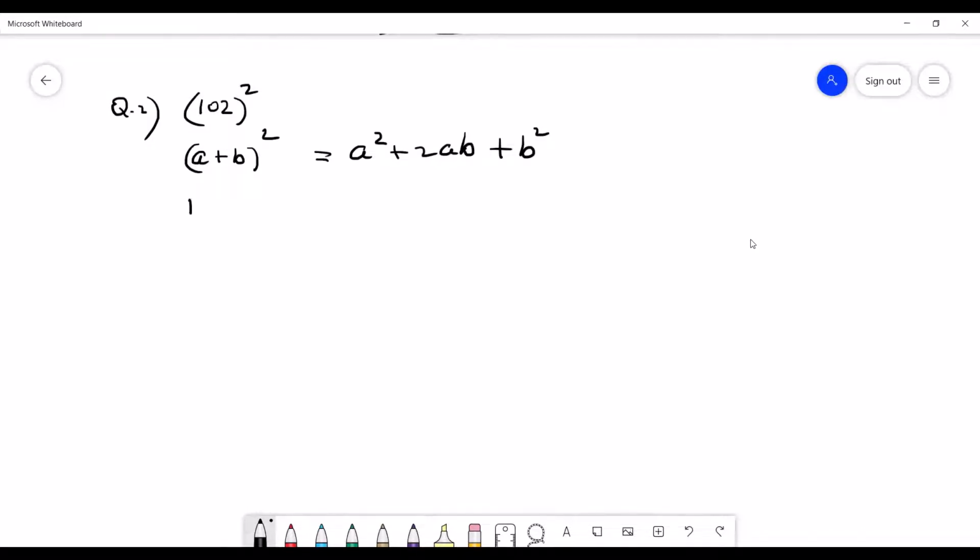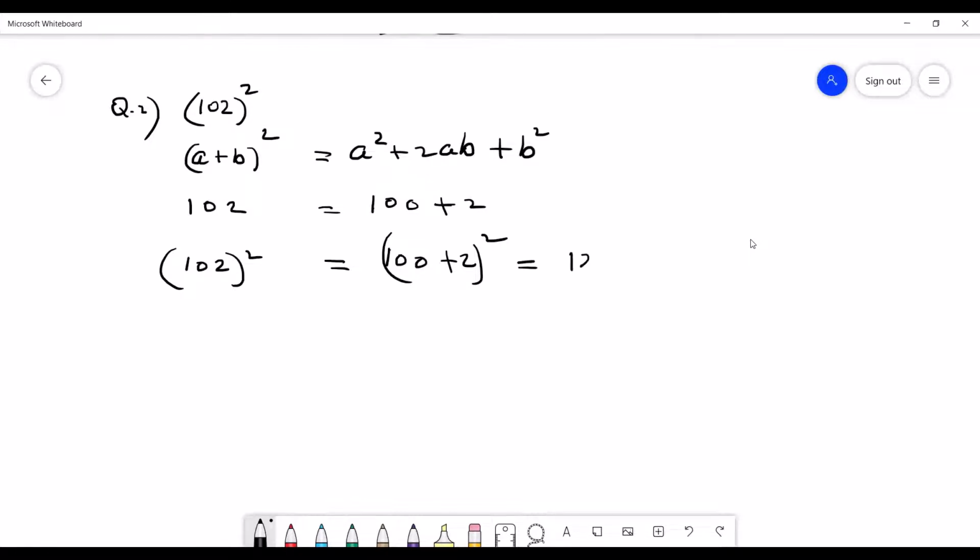See, 102 is equal to 100 plus 2. So 102 square we can write as (100 plus 2) square. So this will be equal to (a plus b) whole square. Here a is representing 100, so we can write 100 square. Then 2ab is 2 into 100 into 2, and b is representing 2, so 2 square.